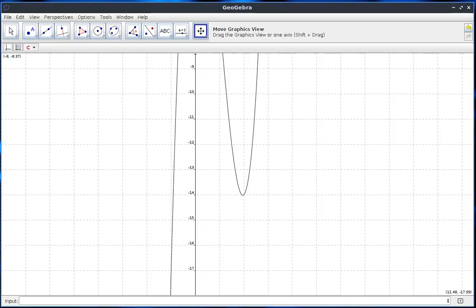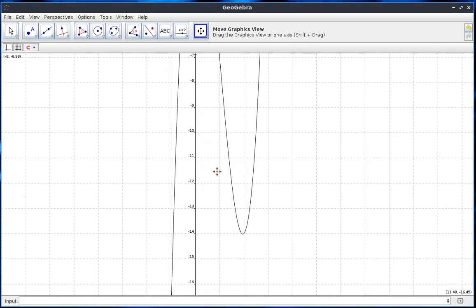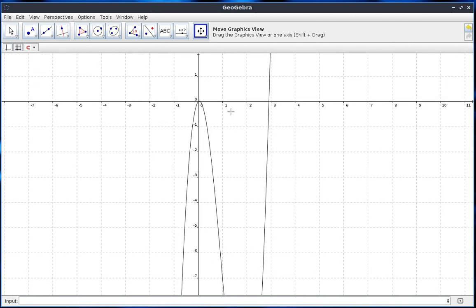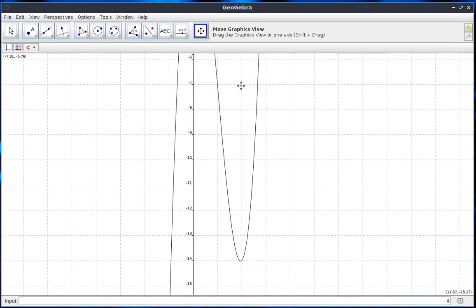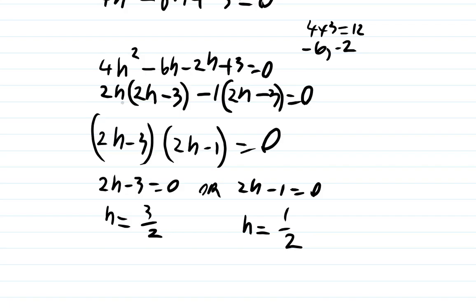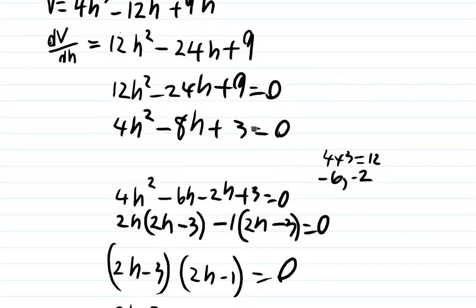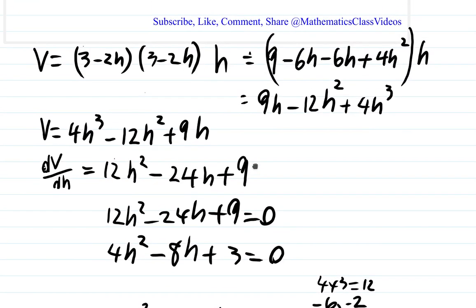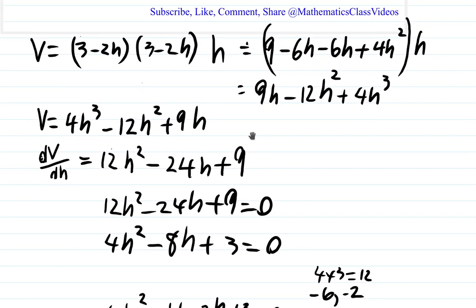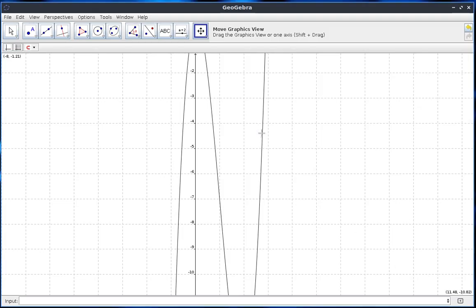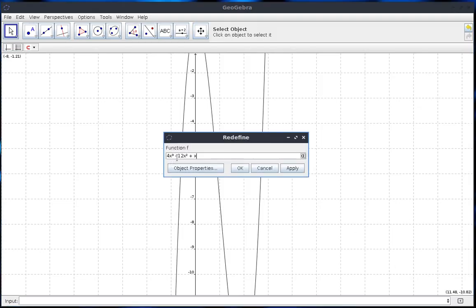Was that what happened here? Let's see what happened here. We have 4h cubed minus 12h plus, we have here 4h squared minus 8h plus 3.